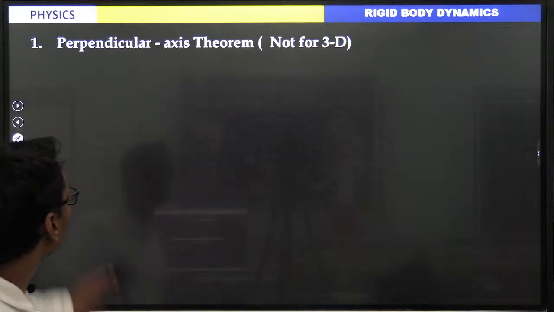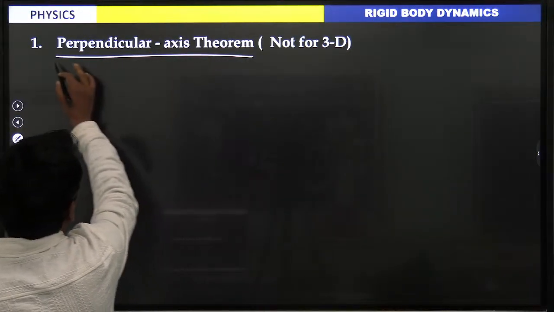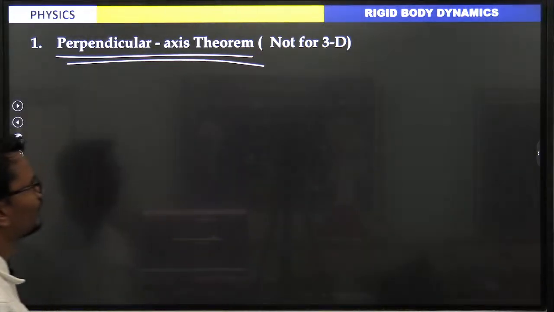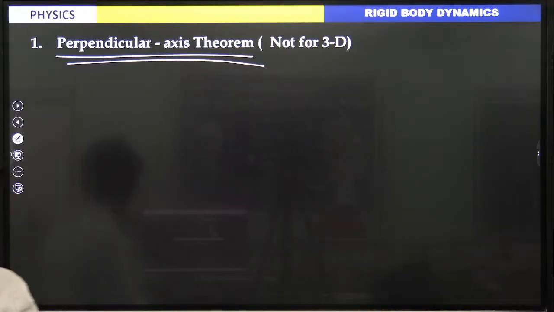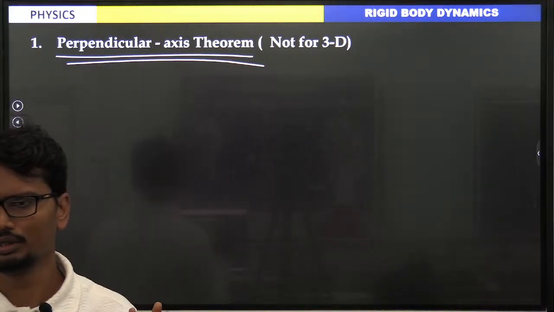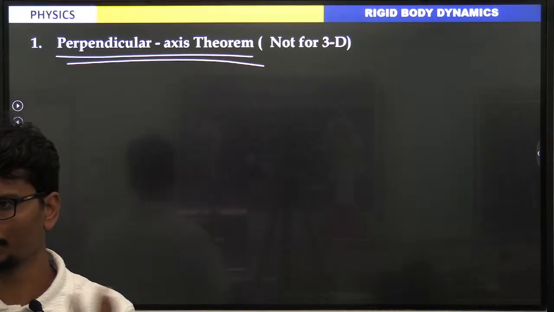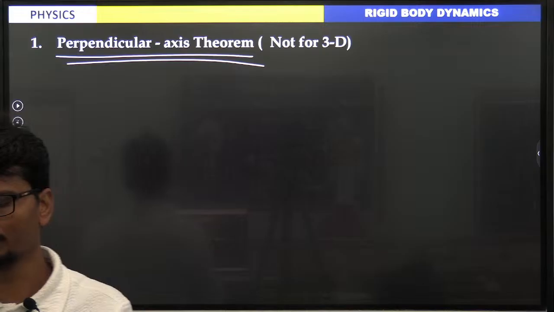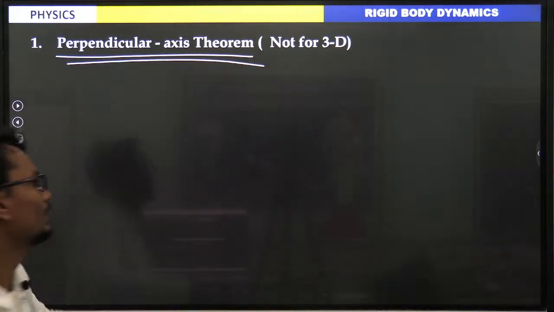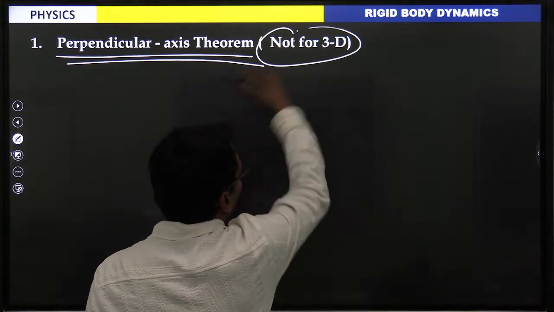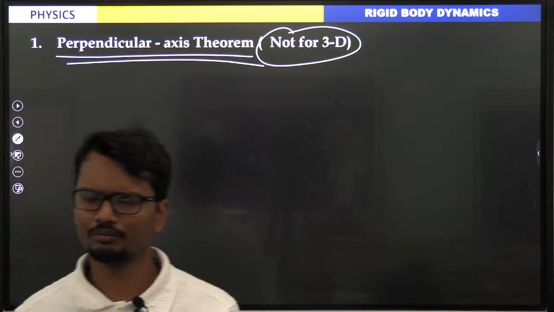So first of all, we are understanding the perpendicular axis theorem. You can look here. The name of this first theorem is perpendicular axis theorem. Then you can guess something from this statement: this theorem is for perpendicular axes. The second thing is that this theorem is not used for 3D objects. 3D objects means like a sphere, solid sphere, cone.